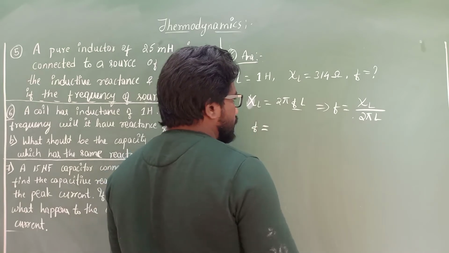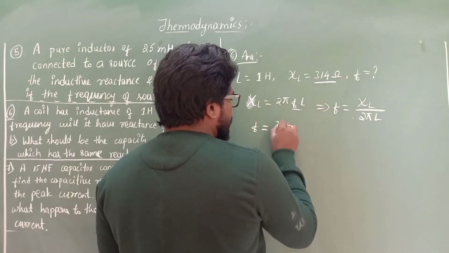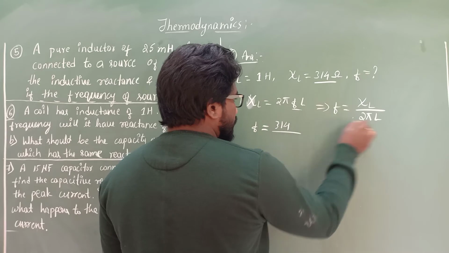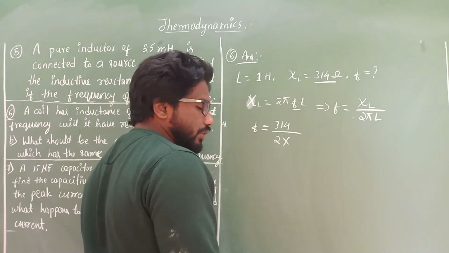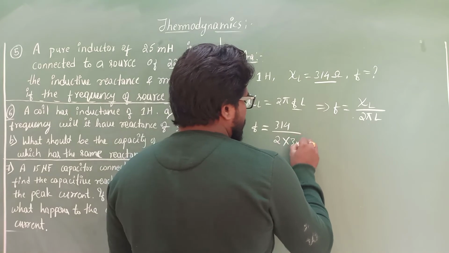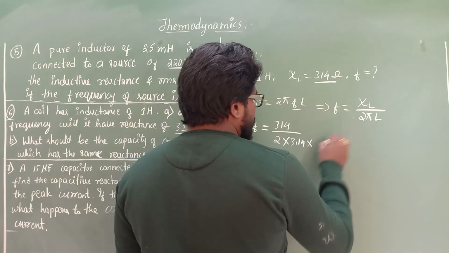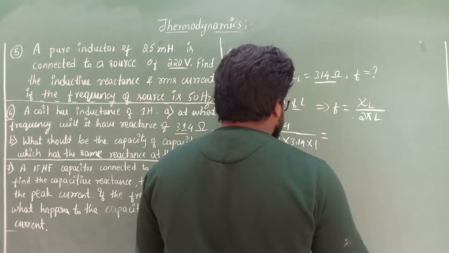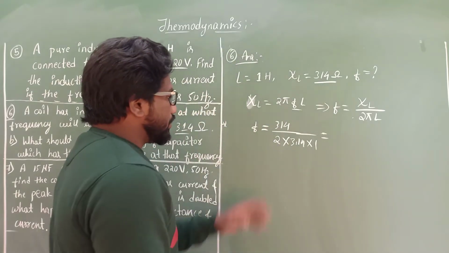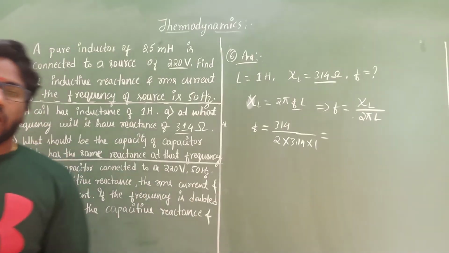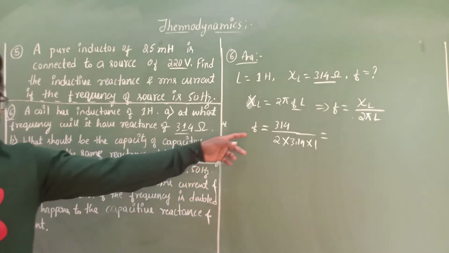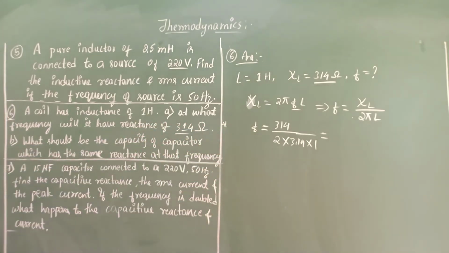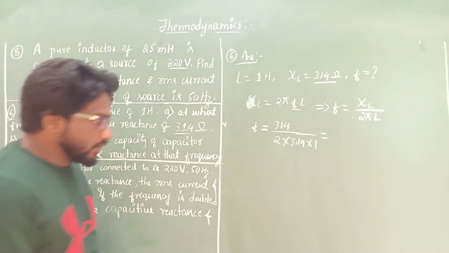So F is equal to the XL value, 314, divided by 2 into pi, which you can take as 22 by 7 or 3.14, into the L value, 1 Henry. When you simplify this with a calculator, you will get the frequency value as around 50 Hertz.